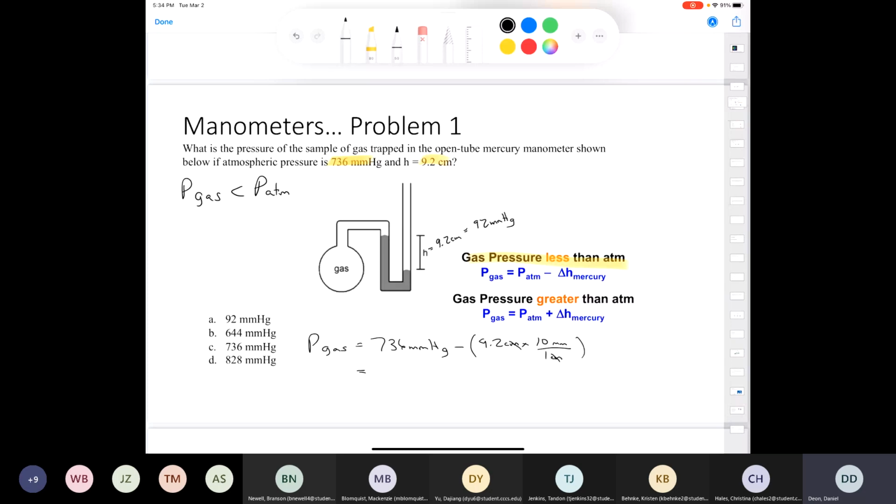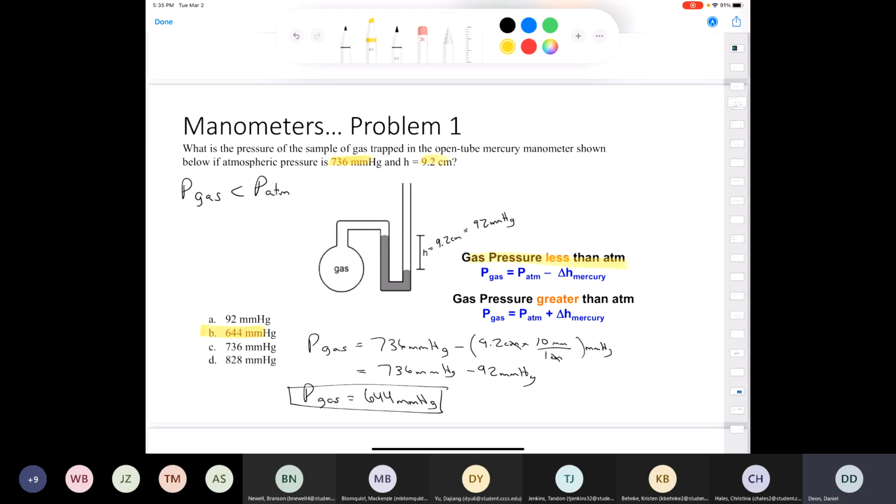So that's the same thing as 736 millimeters of mercury minus 92 millimeters of mercury, and you get that the pressure of the gas is going to be 644 millimeters of mercury. There's the pressure of our gas.